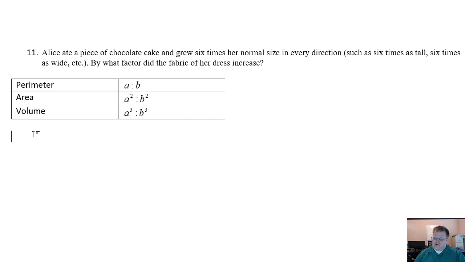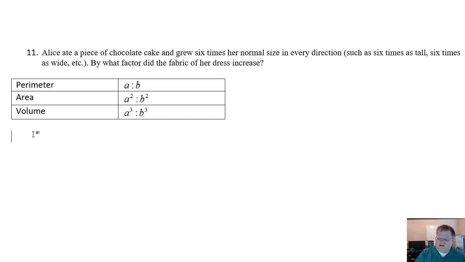Even though she increases in size by 6, the clothing itself is 2-dimensional. It's a flat thing. When it's in your drawer or hanging in your closet, it's flat, and it covers a 3-dimensional object. So the fabric will only be an area measure.